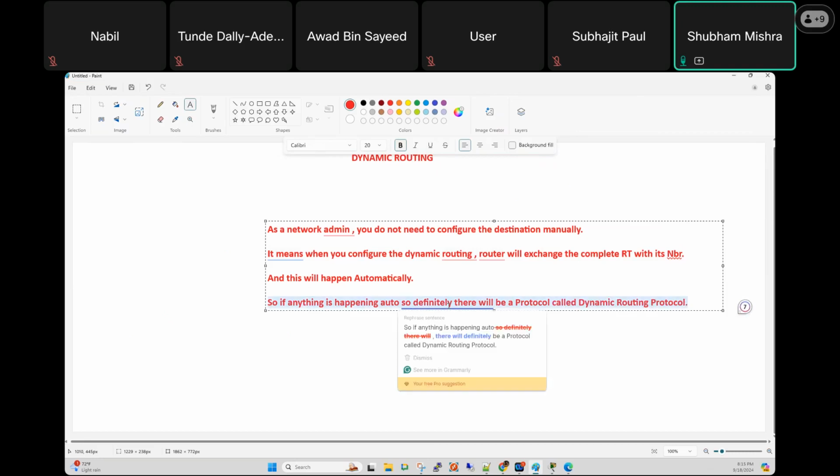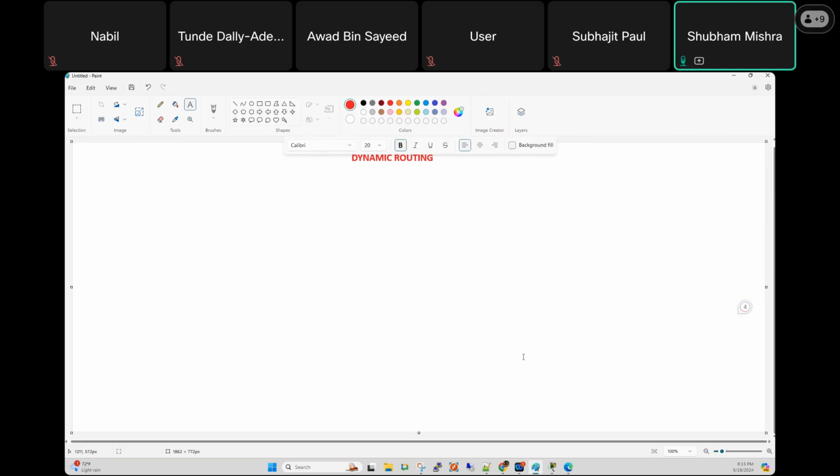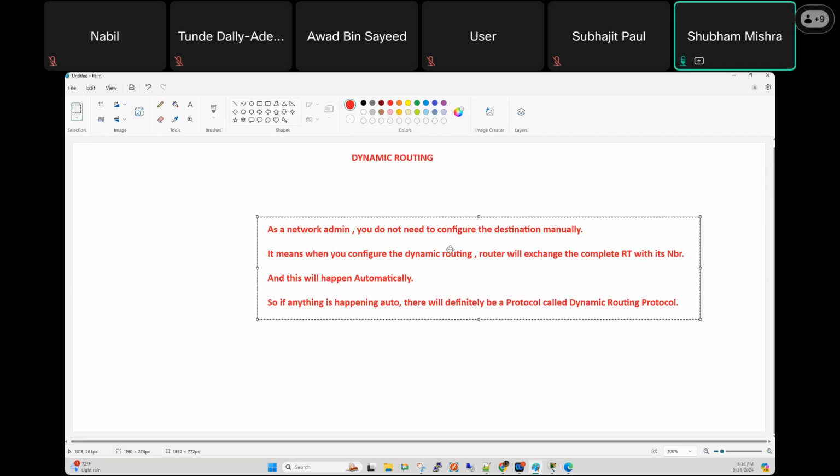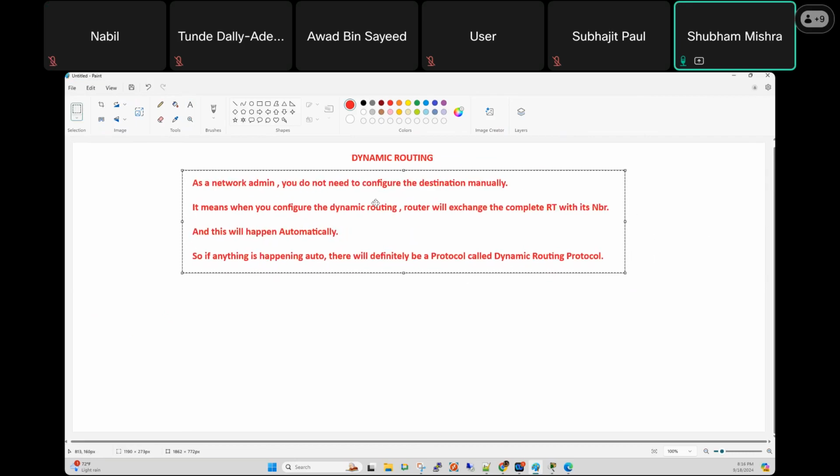So if anything is happening automatically, it means definitely there will be a protocol, and that protocol is called a dynamic routing protocol. That is called dynamic routing. I hope you guys understand the meaning of dynamic routing.